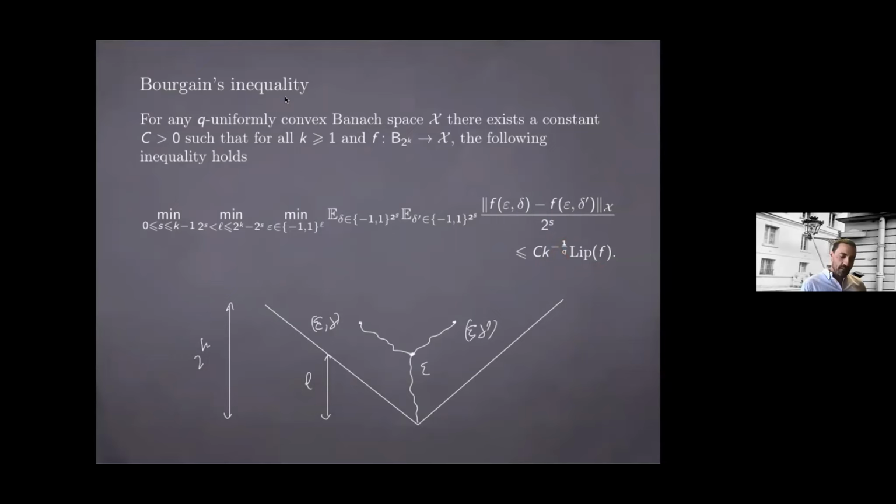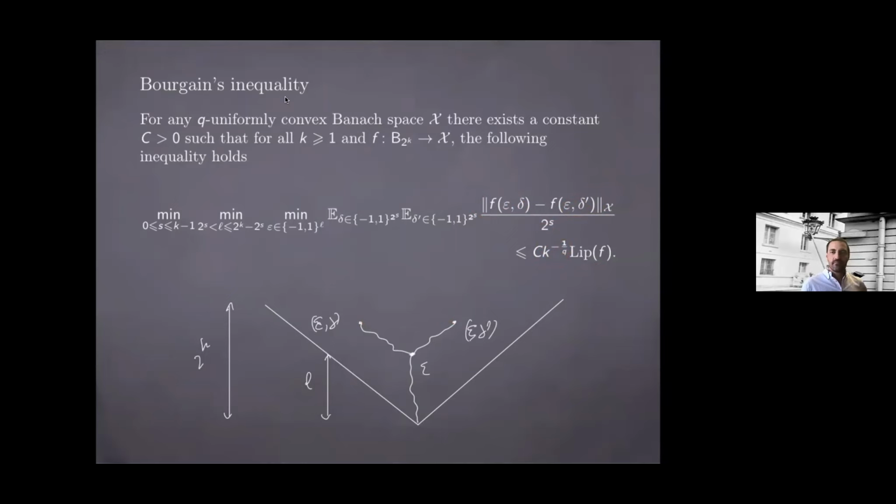Because if F is Lipschitz, this quantity is going to be less than the distance between epsilon delta and epsilon delta prime. But the distance between these two is 2^(S+1). So when you rescale by 2^S, you just get 2 and nothing there. So the fact that you have this K to the negative 1 over Q here is a significant improvement of the trivial inequality.